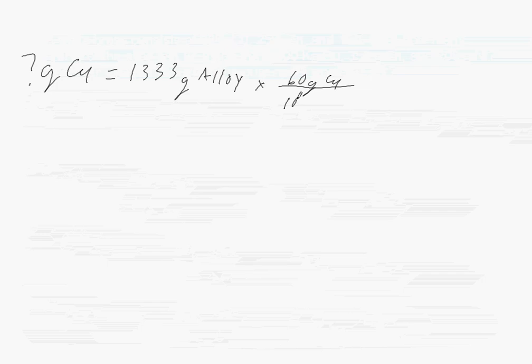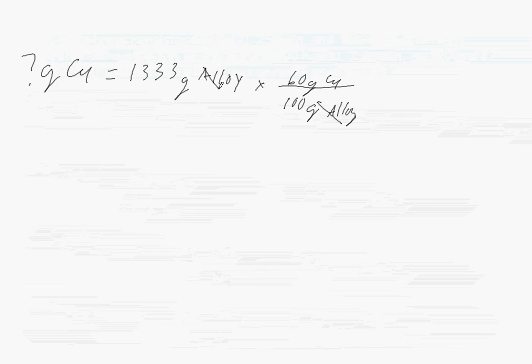What we have to do now is ask ourselves, how many grams of copper is equal to 1,333 grams of alloy? Again, we use our relationship from knowing that 60 grams of copper is equivalent to 100 grams of the alloy.